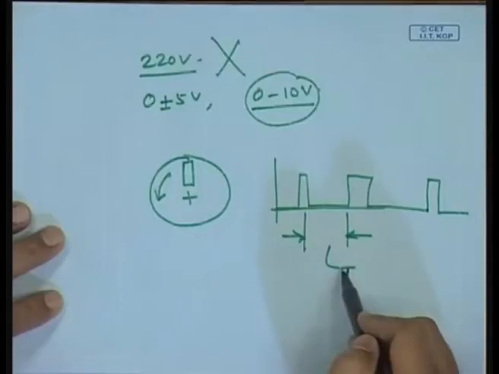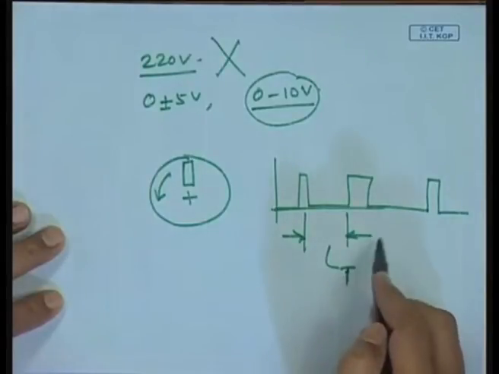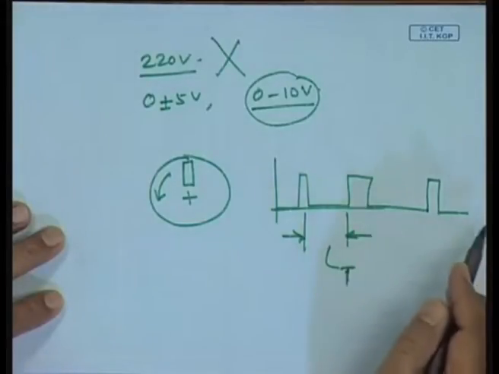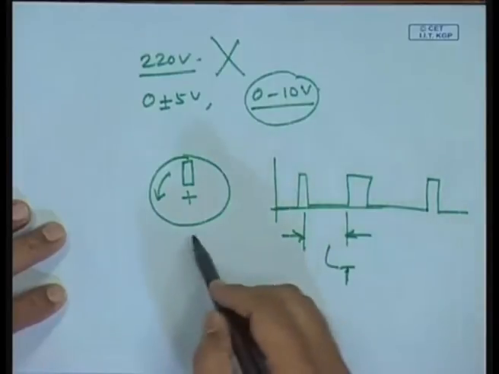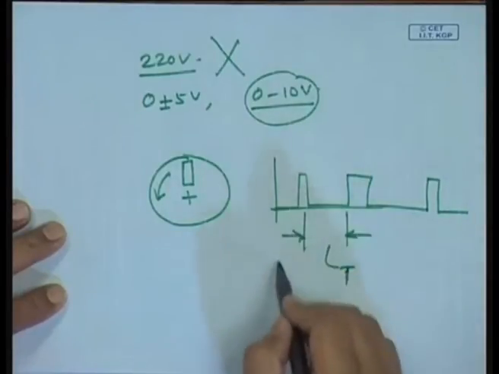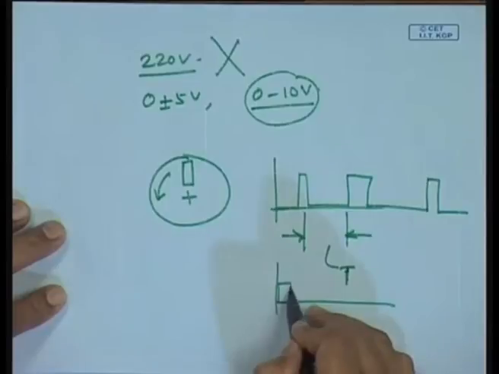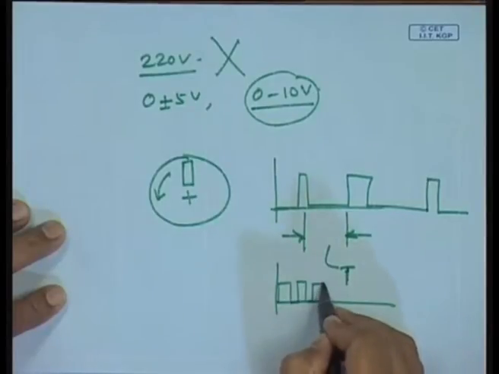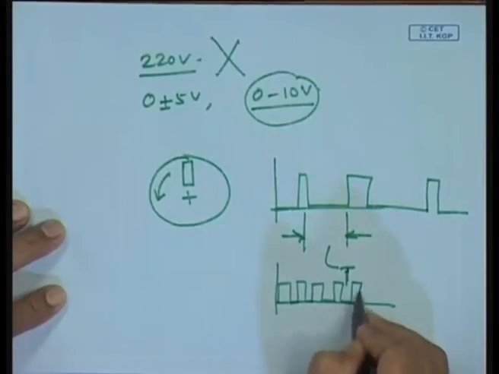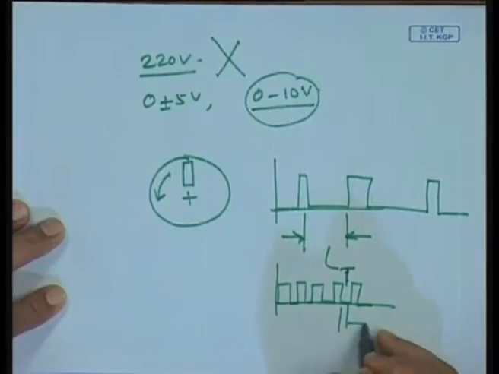But who gives me a sense of the relative time? So, I need to have a clock or a counter, which will give me a pulse. I know this is my pulse cycle, and this has a definite clock frequency.